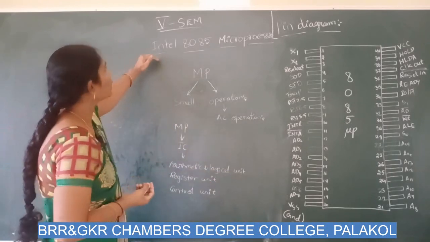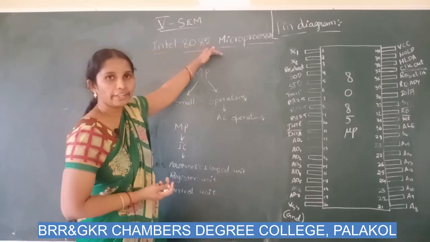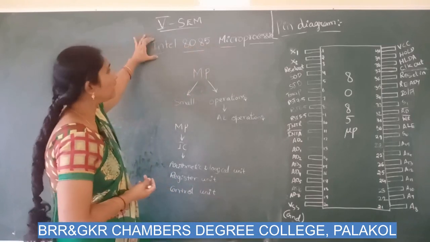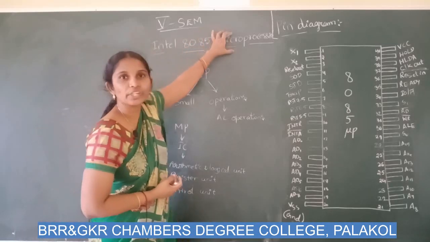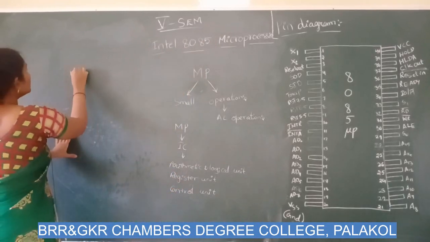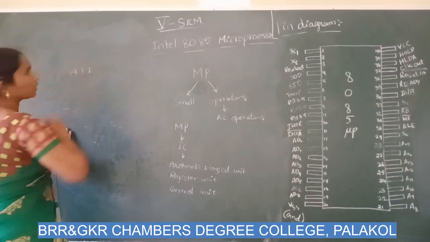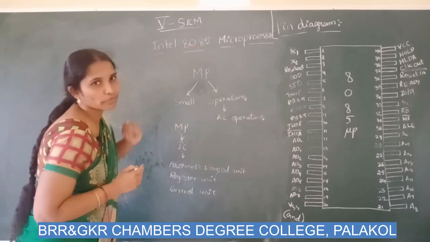Okay, so in this paper it is an Intel 8085. That means the Intel company invented this microprocessor IC. In 1977, the Intel company invented these microprocessors.